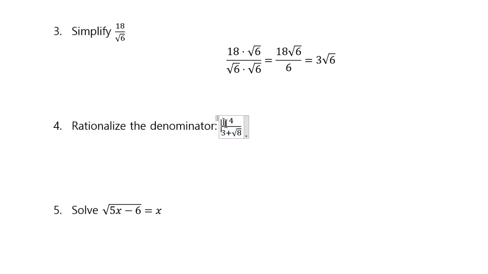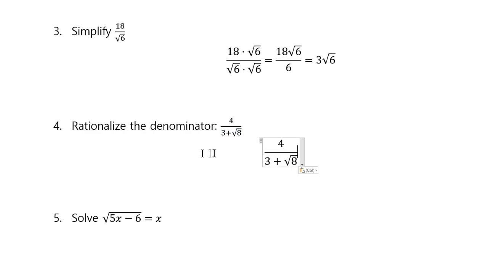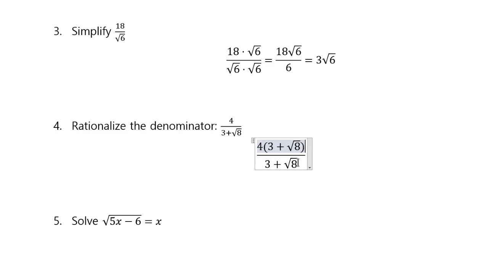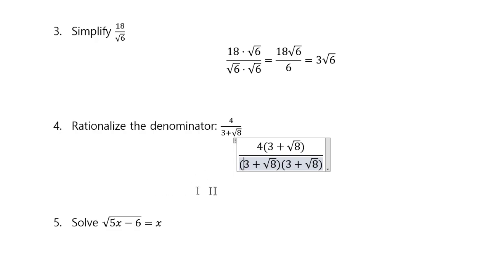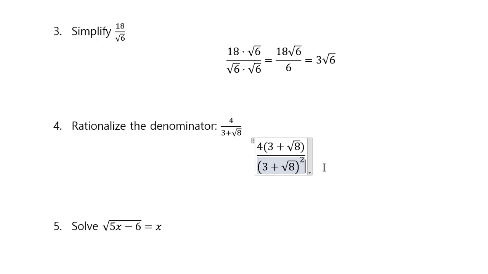If you just try to multiply 3 plus square root of 8 top and bottom, if you just multiply this much to top and also to bottom, you'll quickly see that the denominator turns into this squared, right?